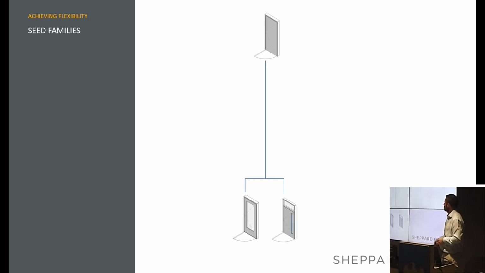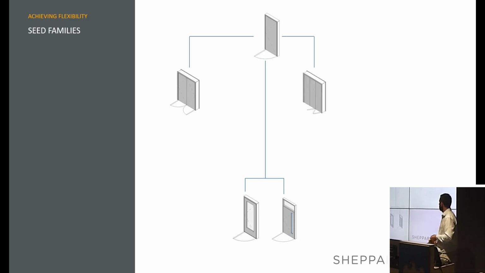But that one also becomes the seed for the double. From that, I added functionality to control two leaves. And from there, it also became the seed for things like bifolds, slightly more complicated variations as well.